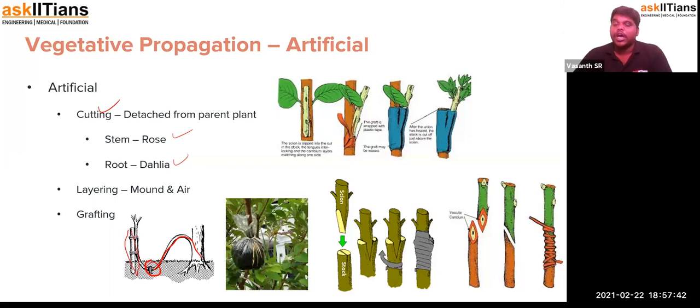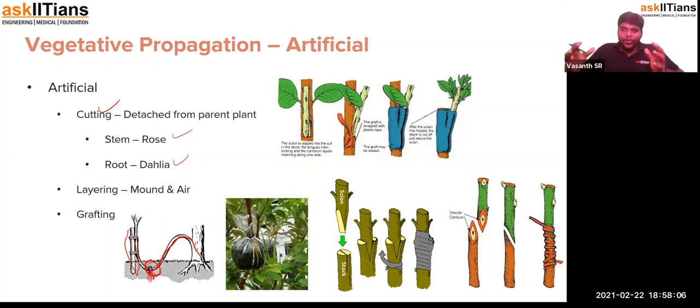When this is allowed to happen for weeks and months, the place where the bark is stripped will start to develop roots. These roots will support the growth of the new plant. This process of bending the branches towards the soil is called mound layering.